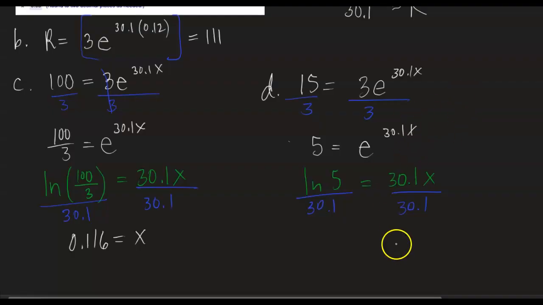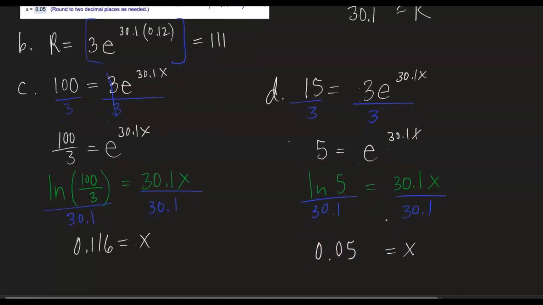And that should give me 0.05 whenever we round to 2 decimal places. Yes. So you see the parallels as we go through this and this solving for x process when we know r, when r is given.